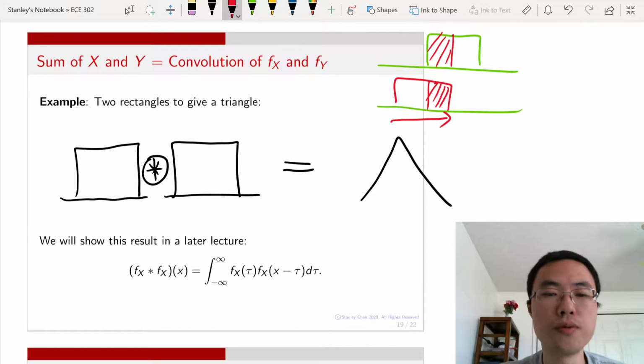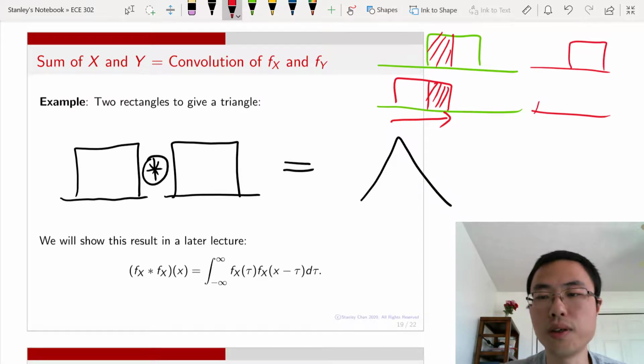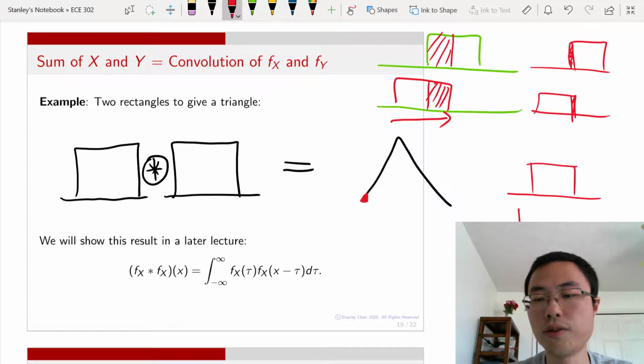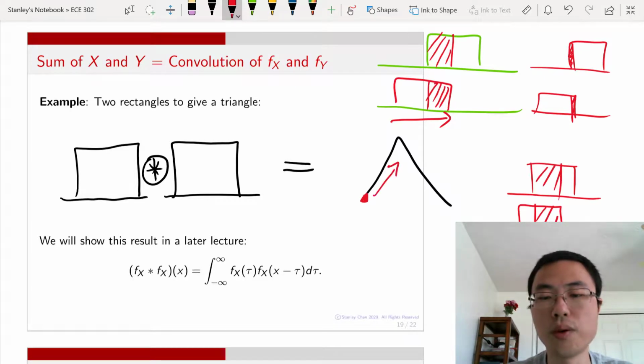So you do this convolution, and in the beginning, you have very few overlaps. In the beginning, you have just this tiny area that is overlapped, so you have a lower value. But towards the middle, you have a lot of overlaps, so then you go up.